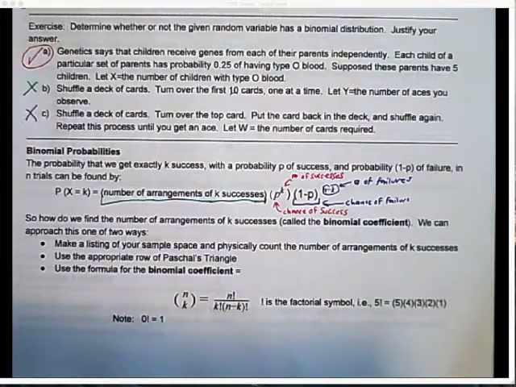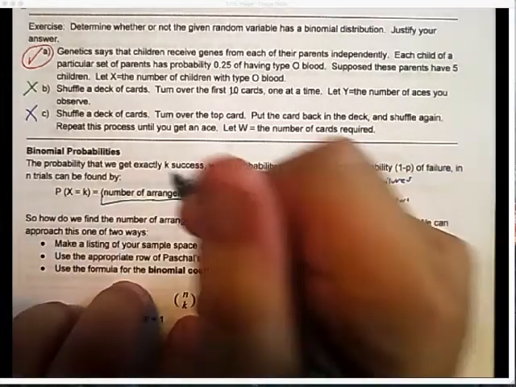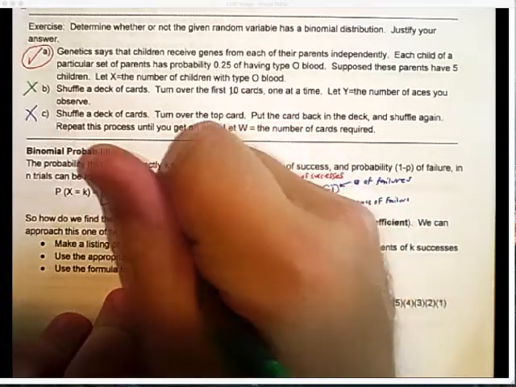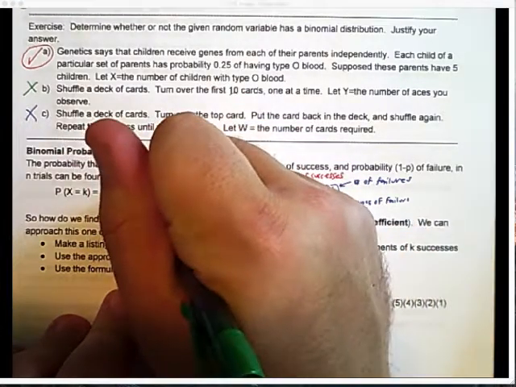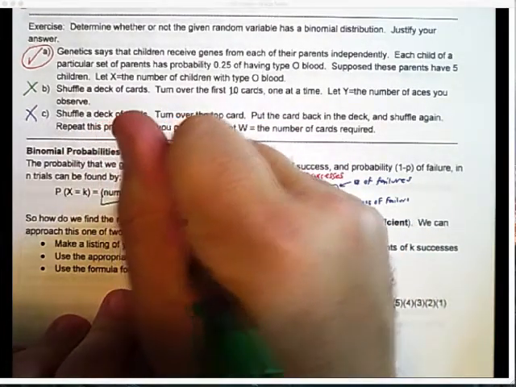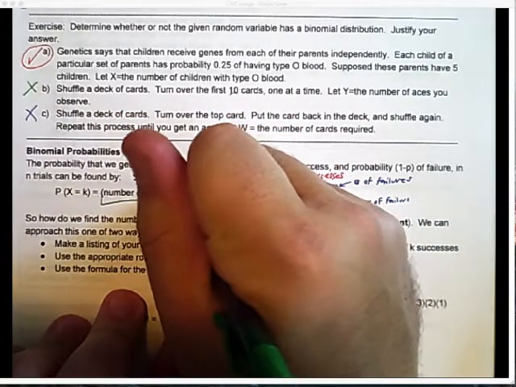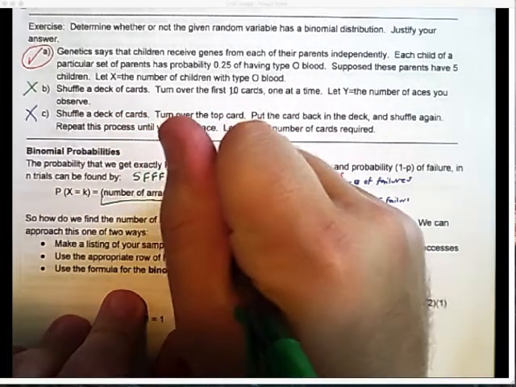Like, if you have 4 kids, how many ways can one child out of 4 have type O blood? Well, the first one could be a success, and then you could get failure, failure, failure, or you could have a failure, then success, then failure, failure.